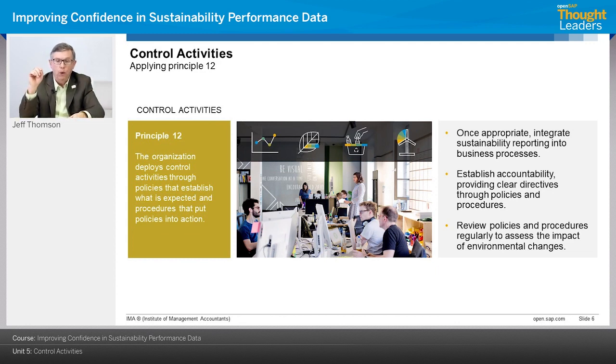So, once appropriate, integrate sustainability reporting into your business processes. In other words, you want to have policies and procedures that apply not only to financial information, but to water consumption use, for example, climate, how you condition your office.